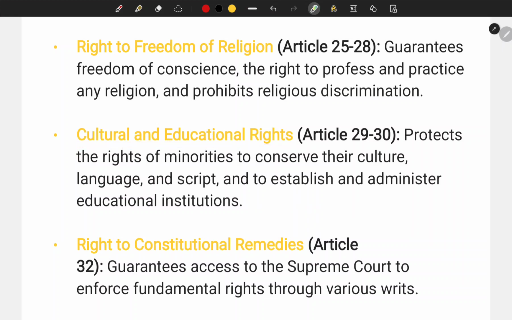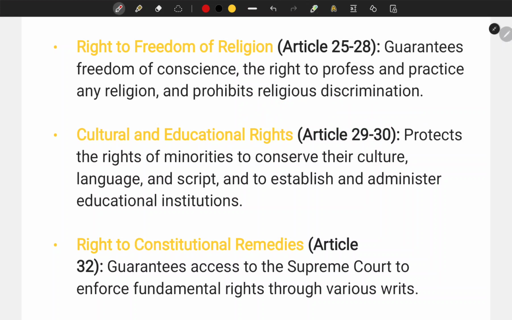So the educational right, can you tell me, we have the right to education till a point of time, and it was later added via an amendment. What was the amendment that ensured education as a fundamental right?